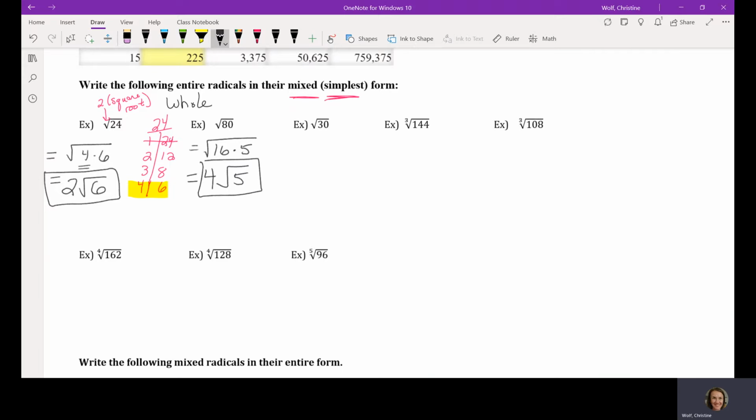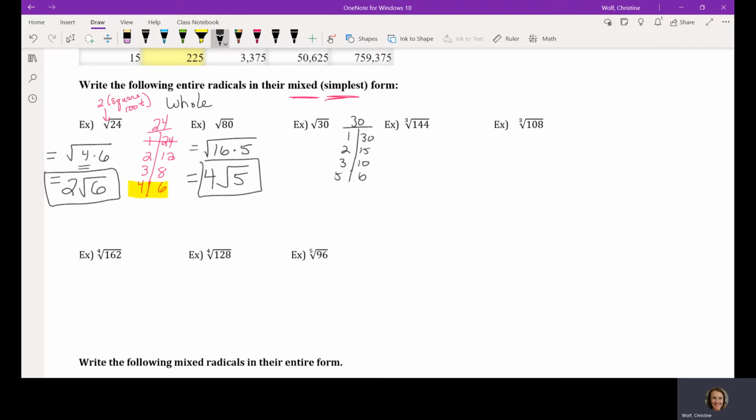Okay, square root of 30. If I think of all of the ways that multiply for 30: 1 times 30, 2 times 15, 3 times 10, and 5 times 6. Those are the only ways to multiply for 30.